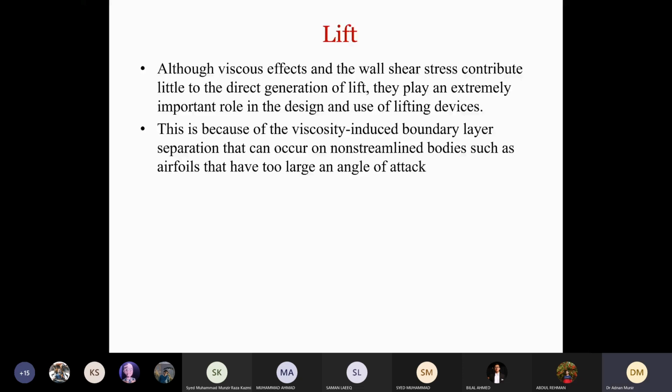Although viscous effects and wall shear stress contribute little to the direct generation of lift, because we discussed that lift force is the result of pressure force, right? But the viscous forces become important when they play an extremely important role in the design and use of lifting devices. This is because the viscosity induced boundary layer separation can occur on non-streamlined bodies such as aerofoils that have too large an angle of attack.